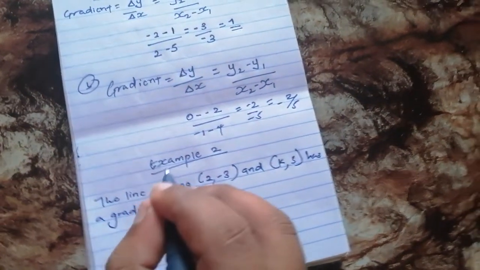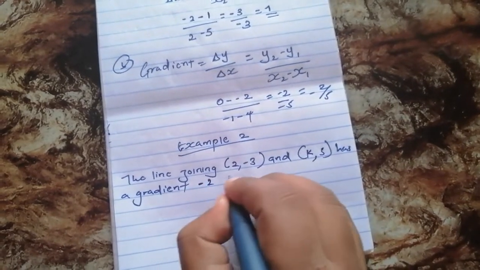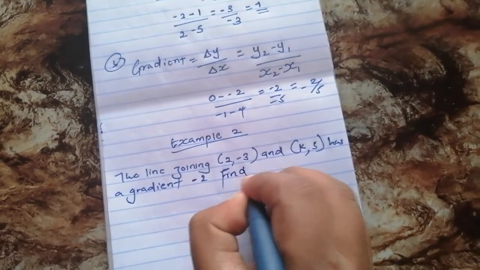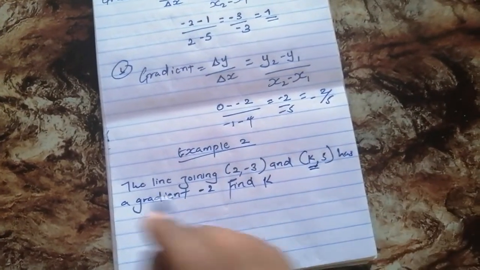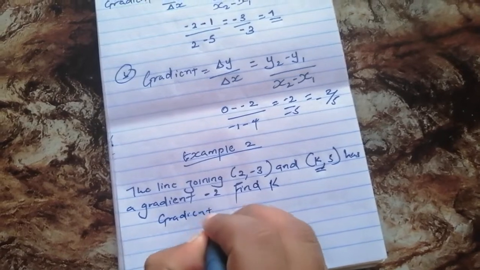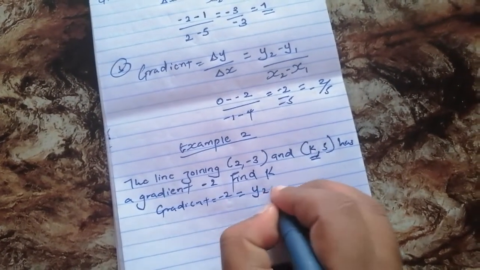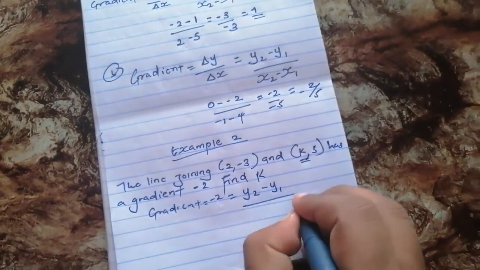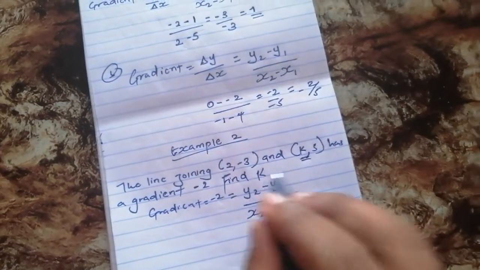That's a gradient of -2. We are told to find k. And we know the given gradient is -2, and this -2 is equal to y2 minus y1 over x2 minus x1.